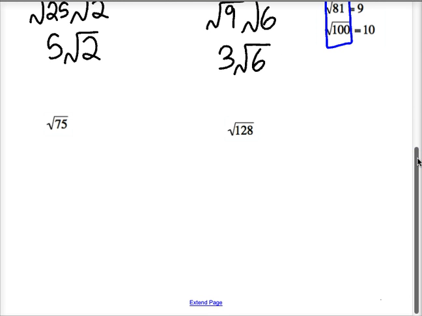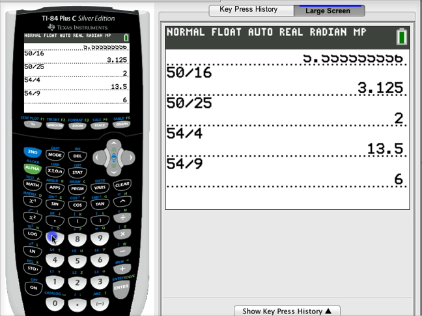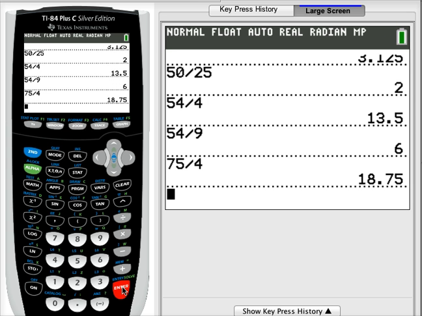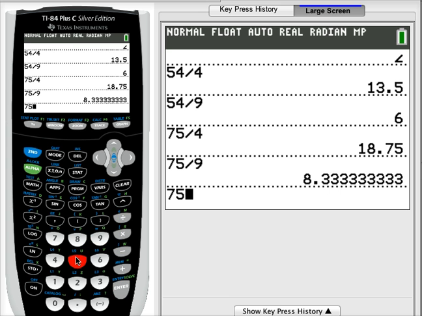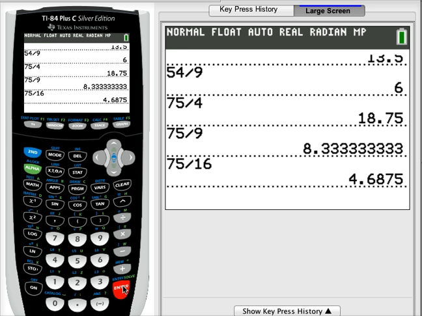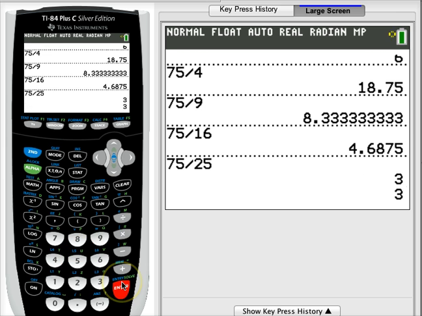Okay, next one, 75. Again, let's say you're not sure, so you have to start playing your guessing game. 75 divided by 4. Nope, doesn't work. 75 divided by 9. Doesn't work. 75 divided by 16. Doesn't work. 75 divided by 25.